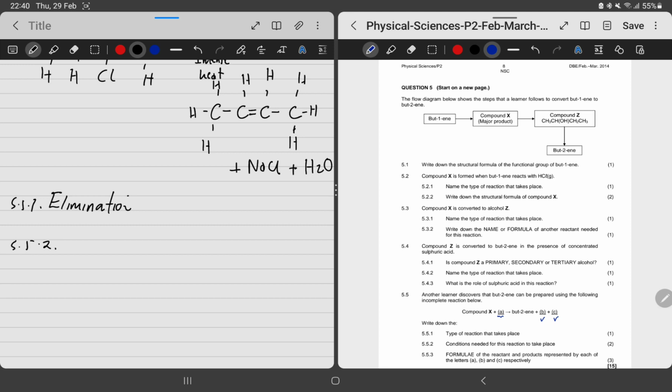The conditions needed for this reaction, we said a concentrated strong base, and then you also need strong heat. If you use a diluted base, remember the haloalkane is going to undergo hydrolysis, and you are going to produce the corresponding alcohol.